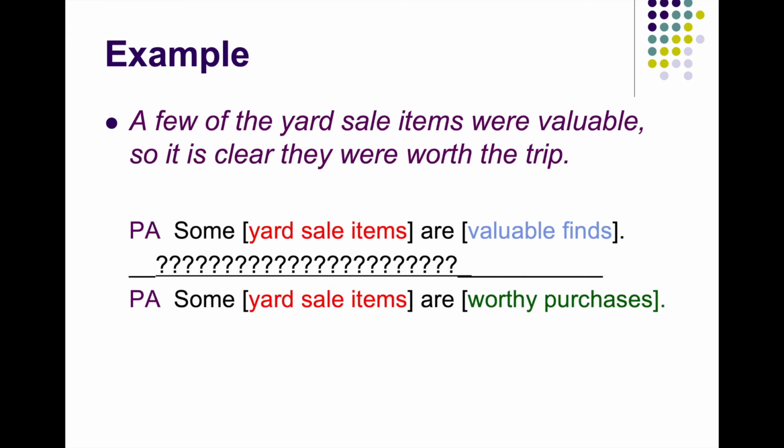So here's the first example, and in natural language, the argument says, a few of the yard sale items were valuable, so it is clear they were worth the trip. So as you read this, you're trying to translate this natural language sentence into an argument in standard logical form. And you recognize that even though you have one sentence, you actually have two statements that are parts of the argument.